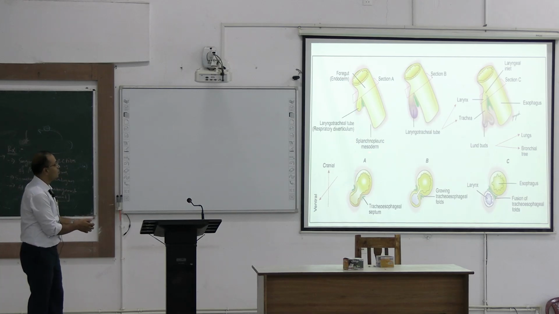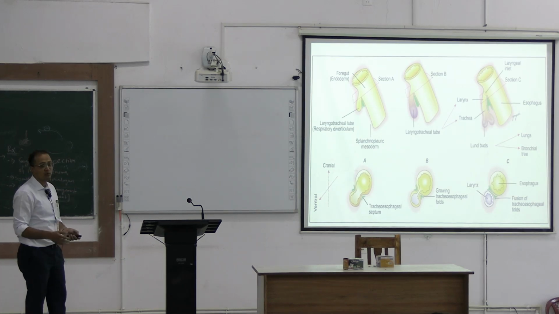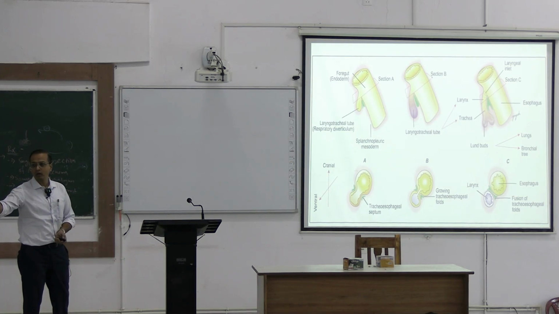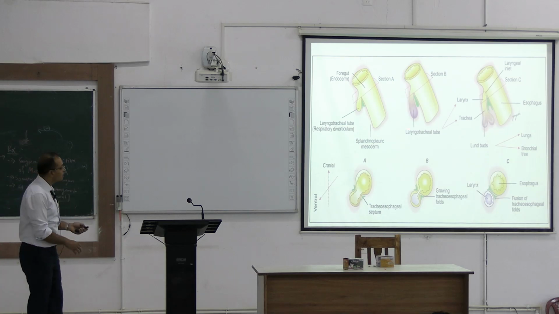We call it the splanchnopleural mesoderm. That splanchnopleural mesoderm slowly gets in between this respiratory diverticulum and the esophagus and separates them out, except at the junction point. This separating part we call the tracheoesophageal septum. Between the trachea and the esophagus, they are separating out.